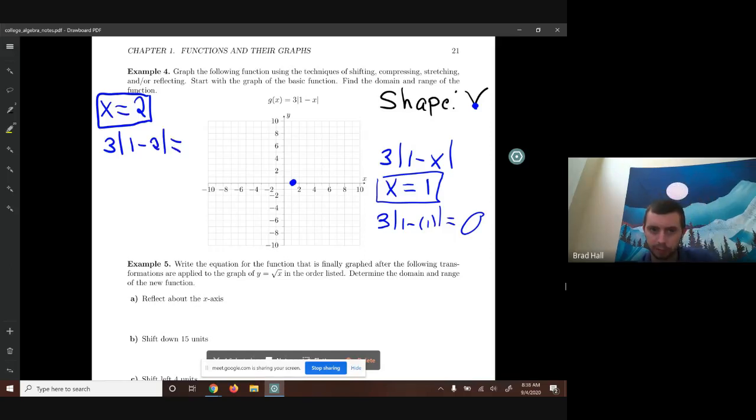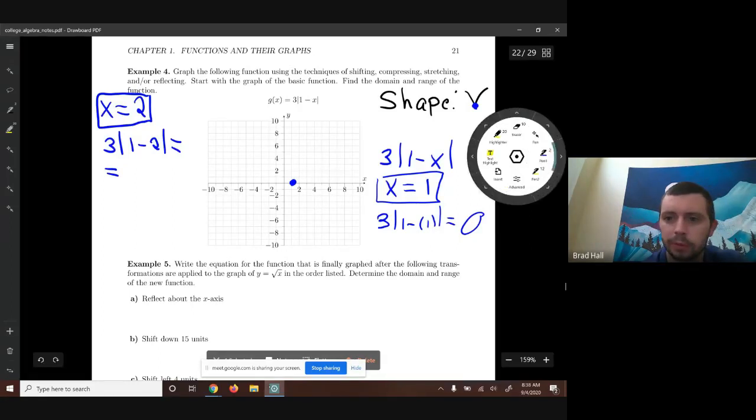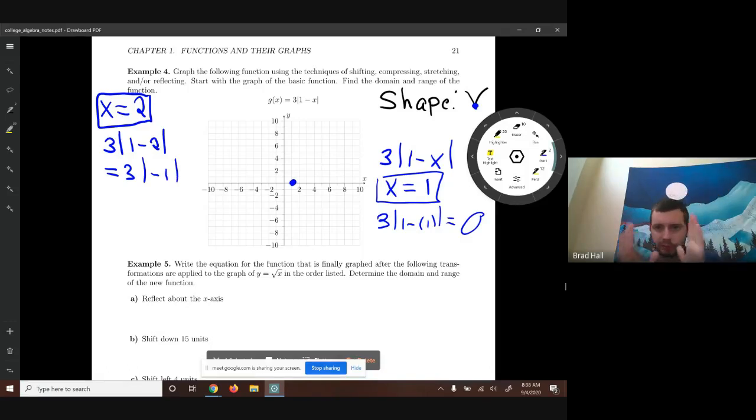So 1 minus 2, in fact, I'll just write this one out a little bit more explicitly just in case. 1 minus 2, so now this is 3 times the absolute value of negative 1, because of course 1 minus 2 is negative 1. But what does the absolute value do? Just makes whatever's inside of it positive. So negative 1 would become positive 1.